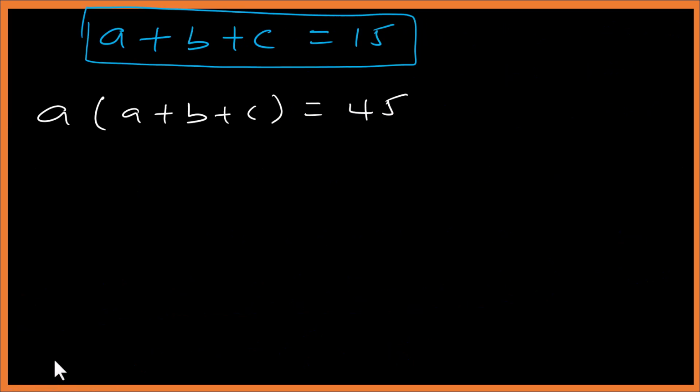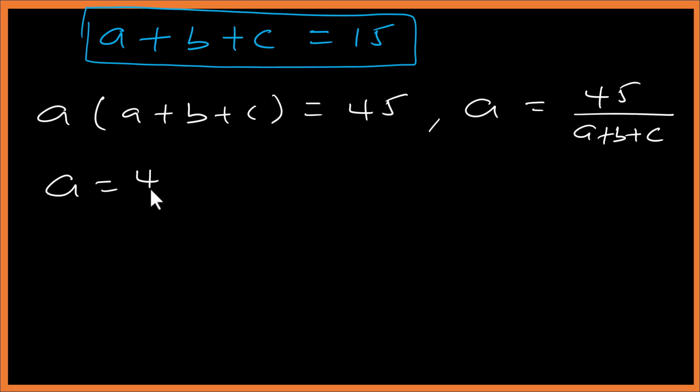So from here, a is the same as 45 over a plus b plus c. But a plus b plus c is 15. Therefore, a is 45 over 15, which is 3. So 3 times 15 is 45.